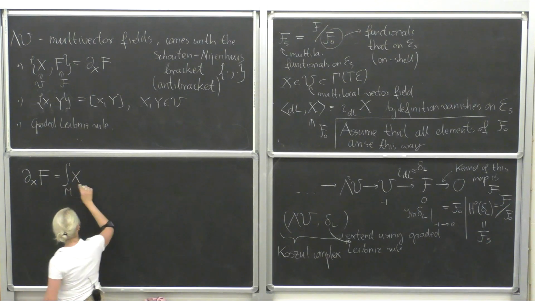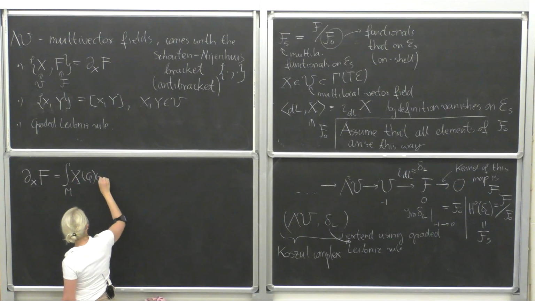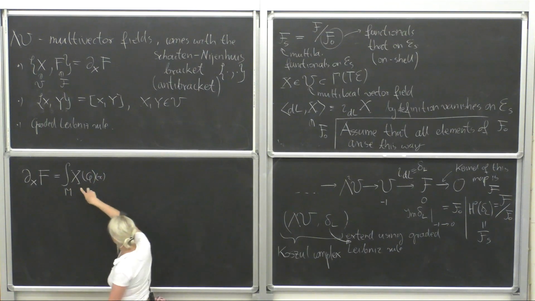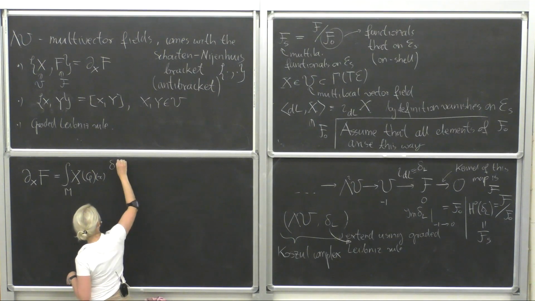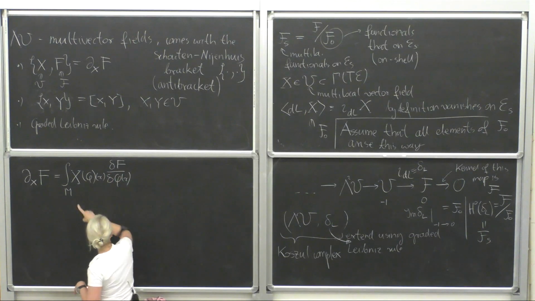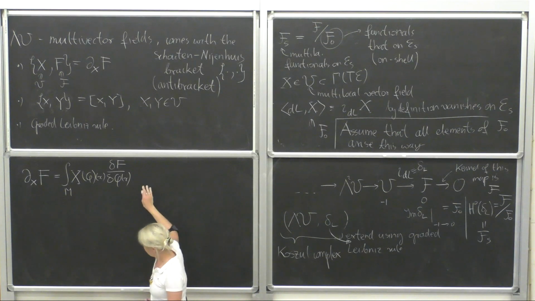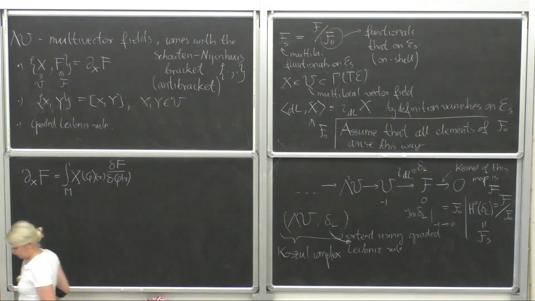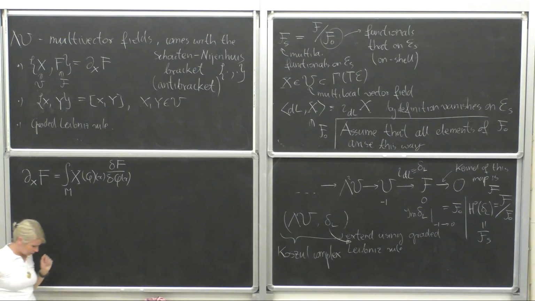So this is going to be X of phi at x, the coefficient of the vector field, times df over d phi of x, integrated dx. That's just a notation, right, for how to write this expression.